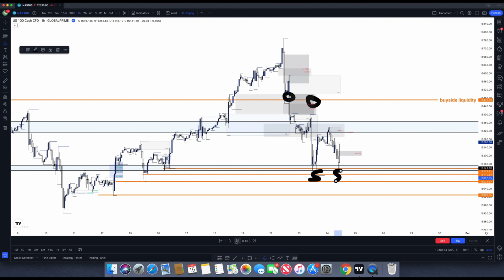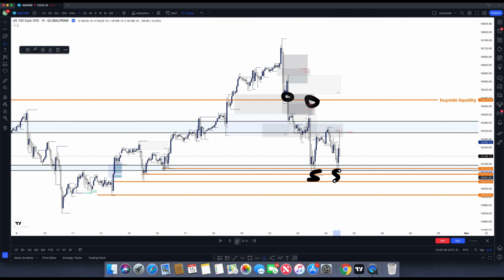So the market may play in a range. But you guys can see what happened here. So if the market's playing in a range, now that it's back up here, it can possibly sell off again.